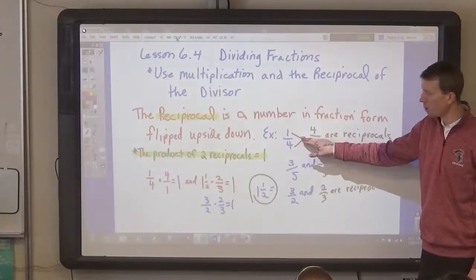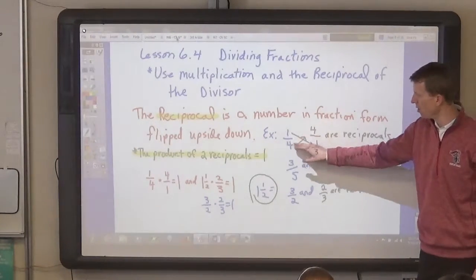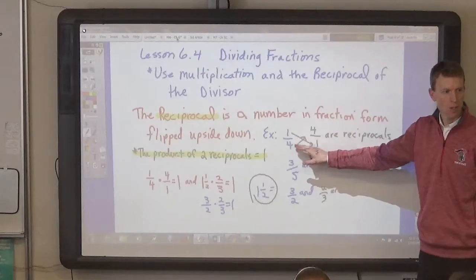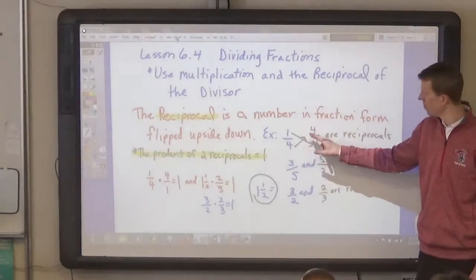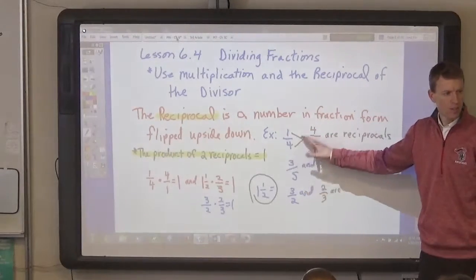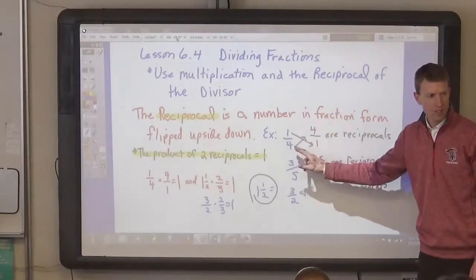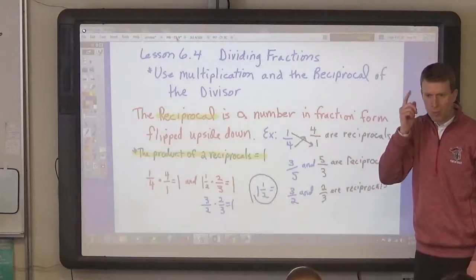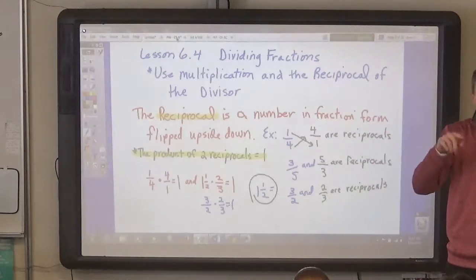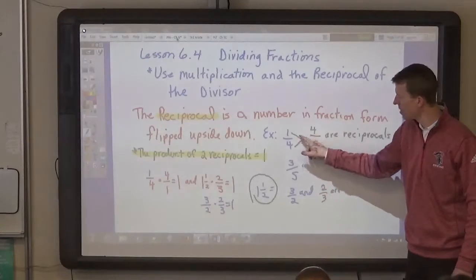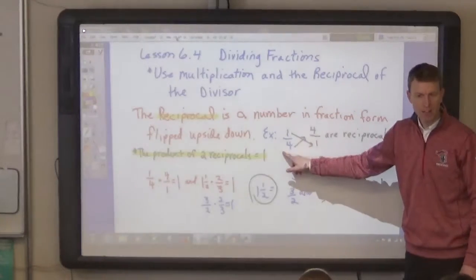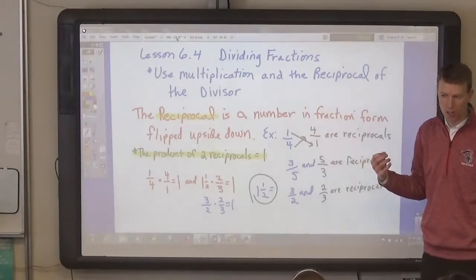Or if you were multiplying these, what would you do with these 4s? Come on, we've just been doing this. You would flip them. Not flip them. If you were multiplying these two numbers, you'd cross them out. You'd factor out those 4s.